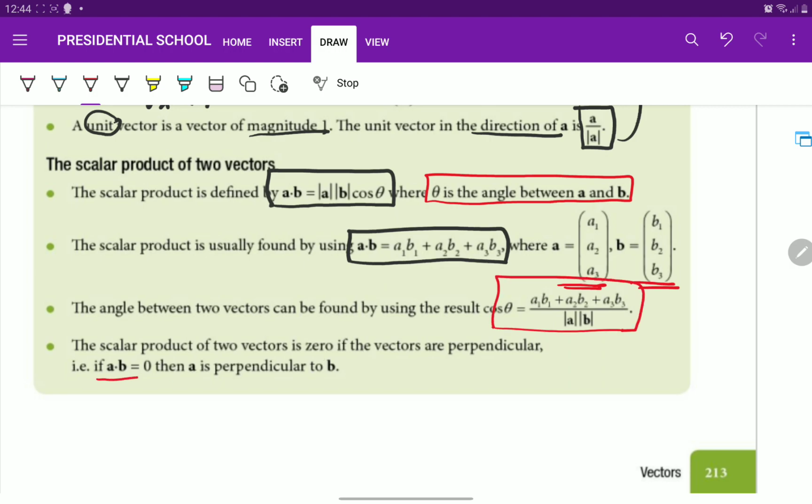And what we have said, if the question is to show that the two vectors are perpendicular, then you need to show that A dot B is equal to 0. If you can show that it's equal to 0, then it is perpendicular. Okay? You use this one to find also the shortest distance between the point and the given line.